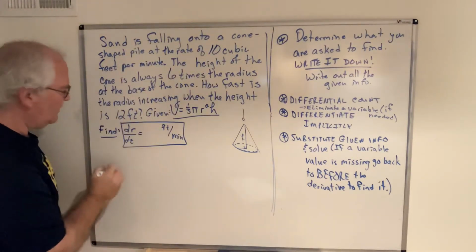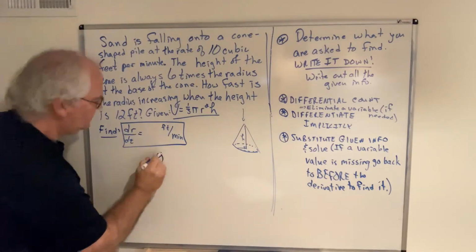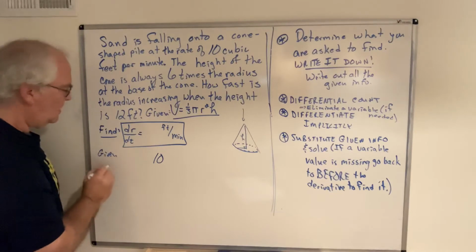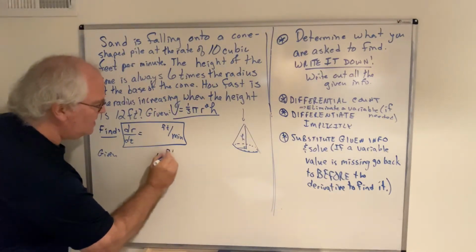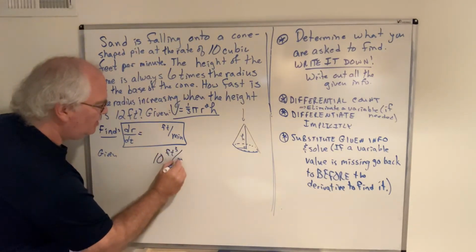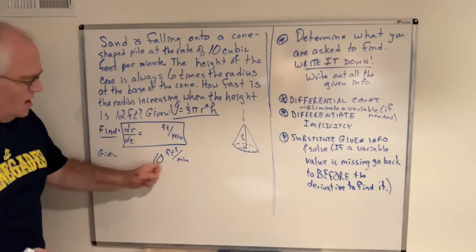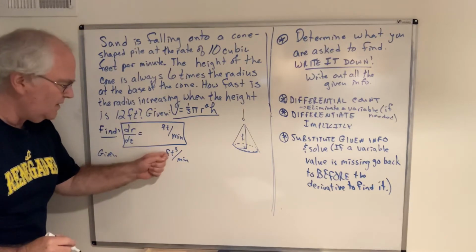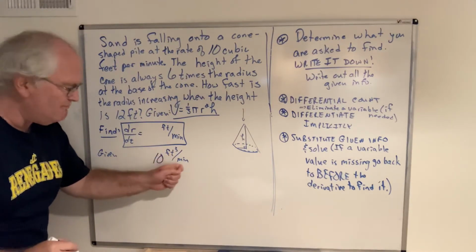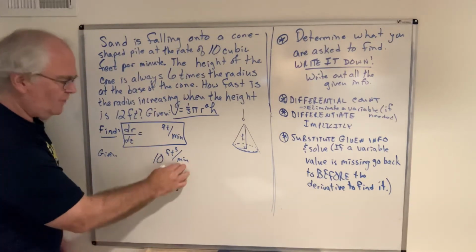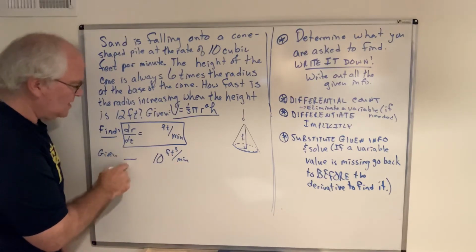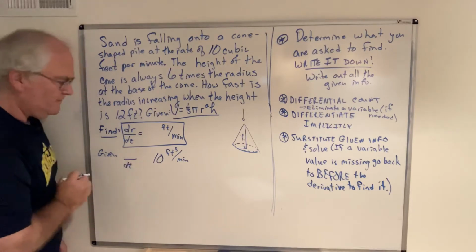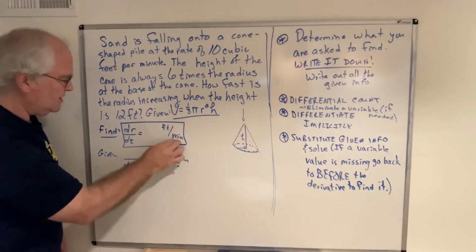And so we're given 10, this is the given information, and we're given feet cubed per minute. One thing that will help you: if it's given as a quantity, in this case cubic feet per minute, this tells you before you even start that this is a denominator expression. You know this is in dt, because this is per minute.